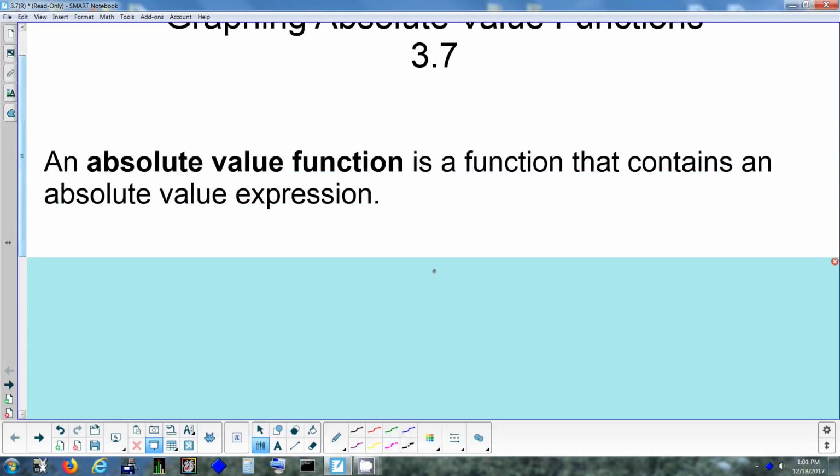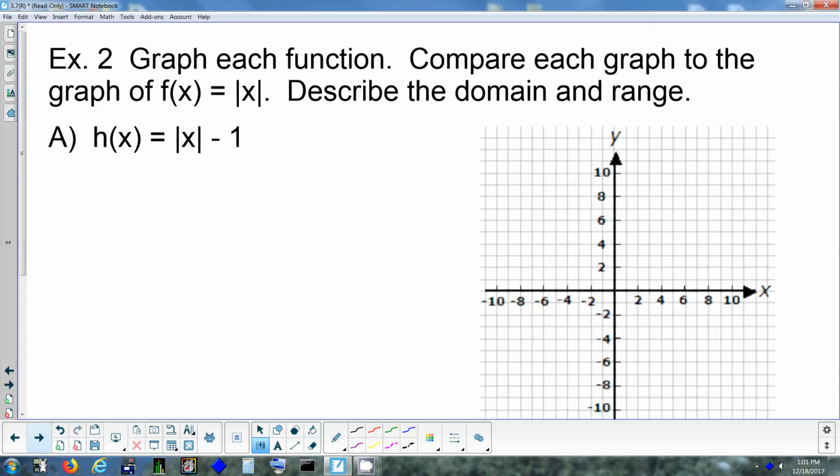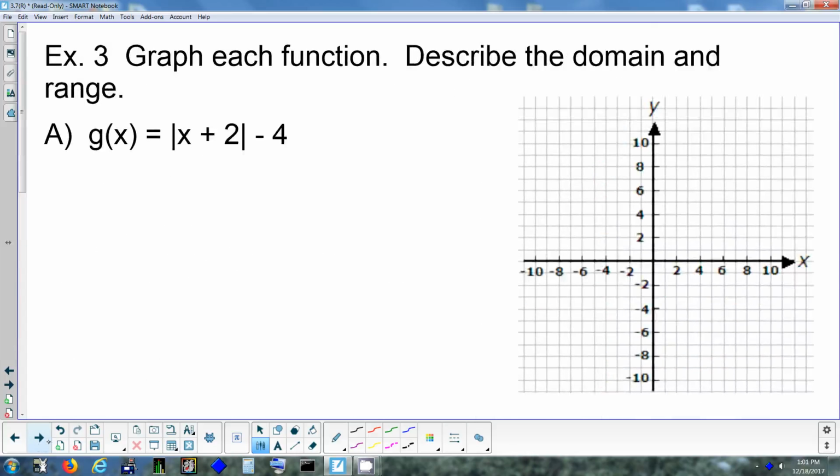Let me show you an example. That's not as simple as it could be because there's a plus 3 and a minus 1. This one has a couple things, a plus 2 and a minus 4.